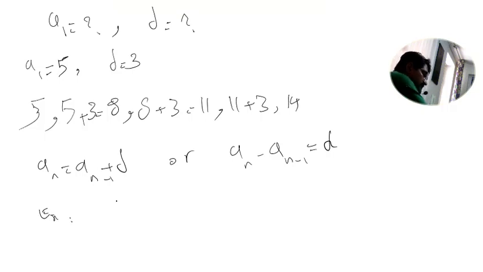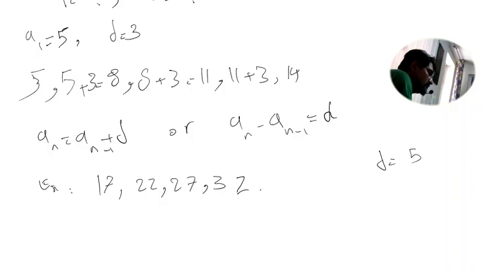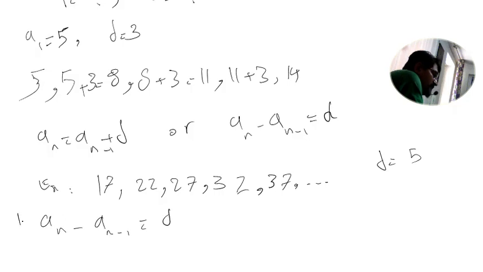Example, 17, common difference is 5: 22, 27, 32, 37, and the others. In arithmetic sequence, an minus an minus 1 is equal to d.